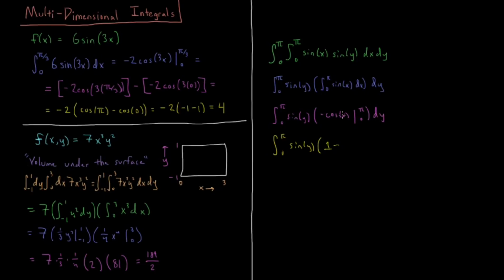Cosine of 0 is 1. Minus 1 is minus 1. dy, this becomes a positive 2. I can now factor that out, and I have 2 times the integral of 0 to pi of sine y dy, which is equal to the integral I just did for x. So this is going to be equal to 2. So this is going to be 2 times 2, and the final result will be 4.